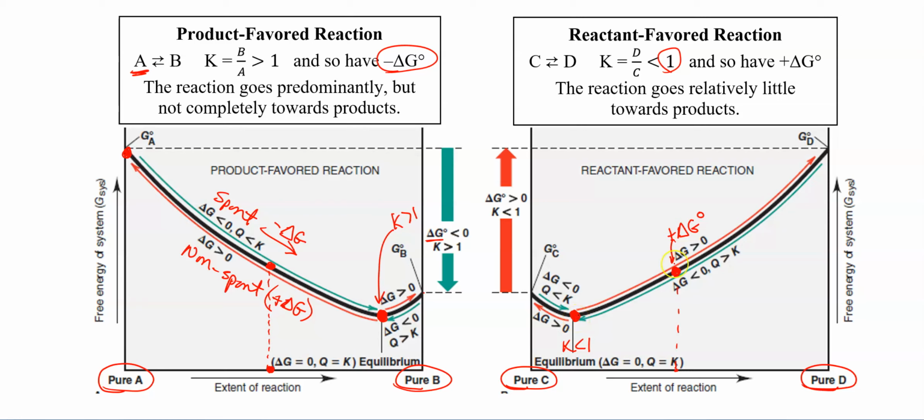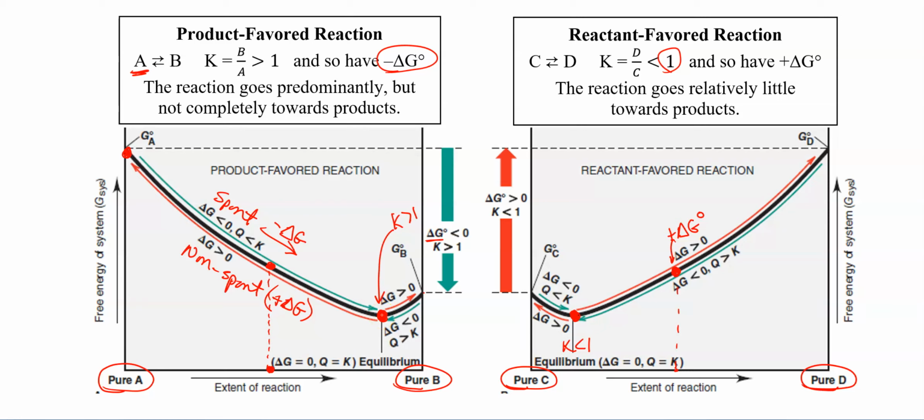And so it works out that when your equilibrium is way over on the left, your standard conditions is more to the right, so you would proceed in the left-hand direction to get to equilibrium. When your K is way over towards products, you're going to be spontaneous when you start at standard conditions, and so you have a negative delta G naught in the forward direction.